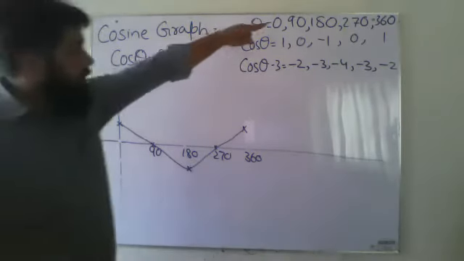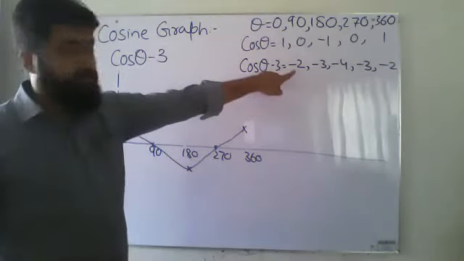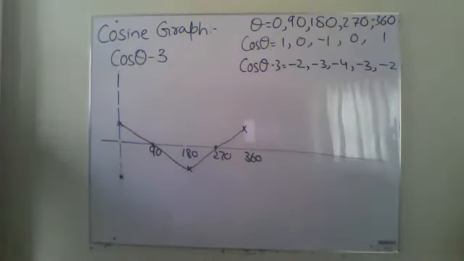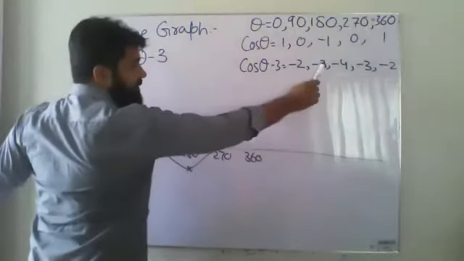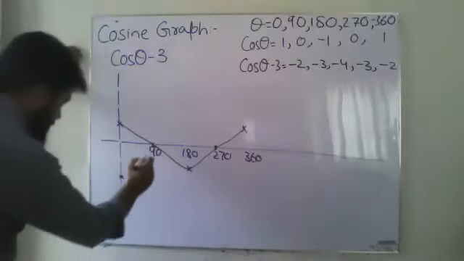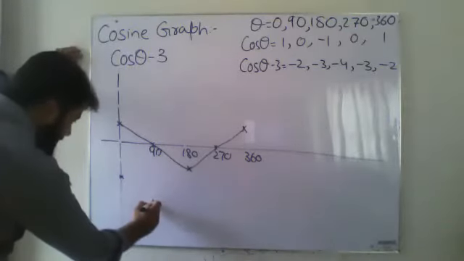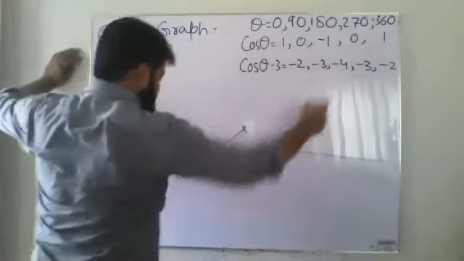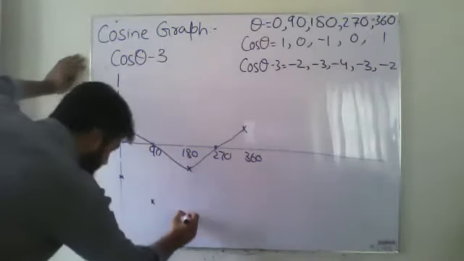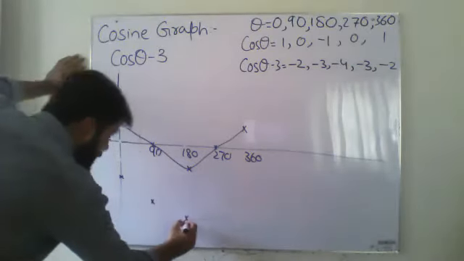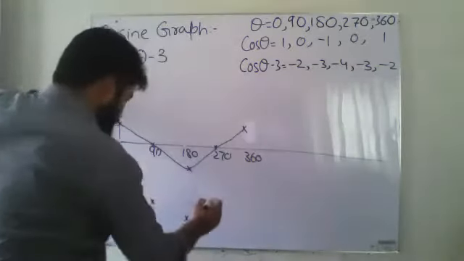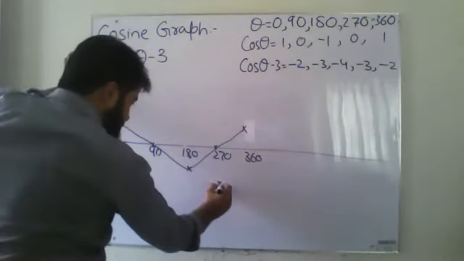After this, on 0 they are saying -2, so on 0 I will have -2. On 90 degrees I will have -3. On 180 degrees I will have -4. On 270 degrees I will have -3.